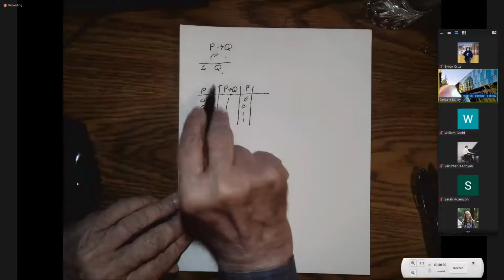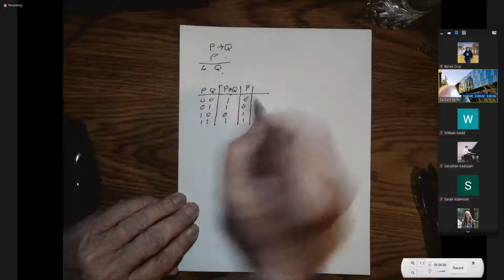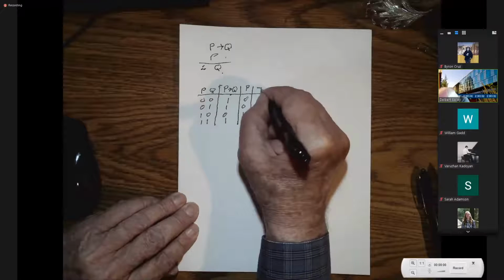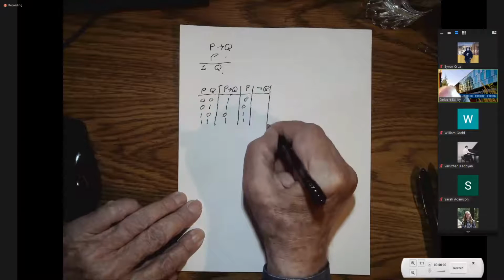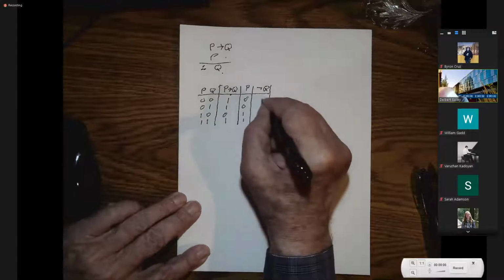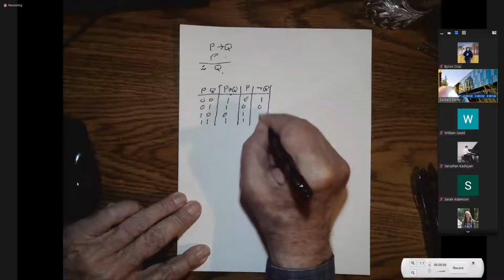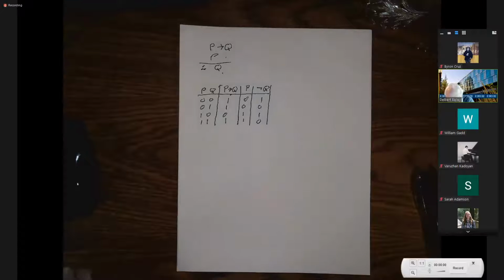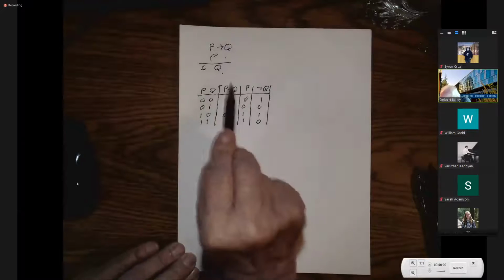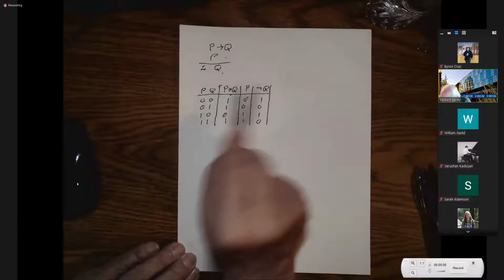So what's the negation of the conclusion? It'd be not Q. Okay, any questions so far? This is just premise 1, premise 2, conclusion.